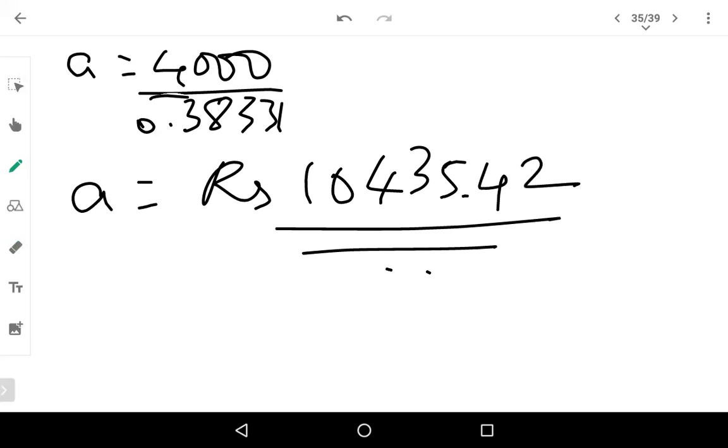So if we invest 10,435.42 every half yearly, we will be able to have a sinking fund of 1 lakh rupees at the given rate. This sinking fund can be utilized to either purchase machinery, or a new plant or building, or any important thing that is required for the company. Okay, so that is the next problem.